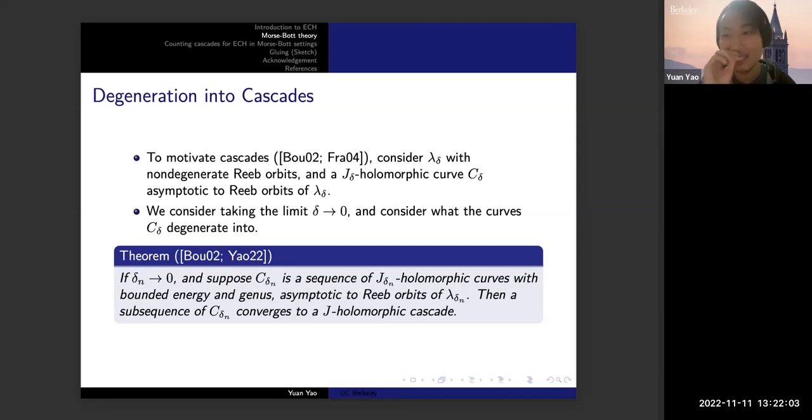I haven't told you what a cascade is; I'll show you a picture on the next slide. But the one-sentence way to say it is that it's basically an SFT building where the ends of the holomorphic curves end on Morse-Bott tori, and between adjacent levels, instead of the ends matching exactly, they match up to a gradient flow of the function f.